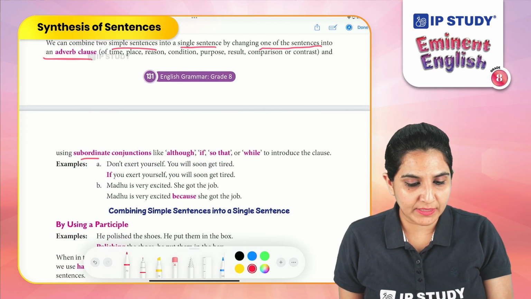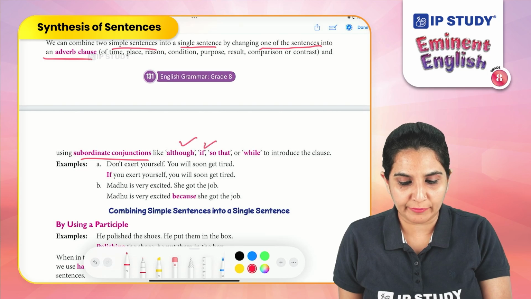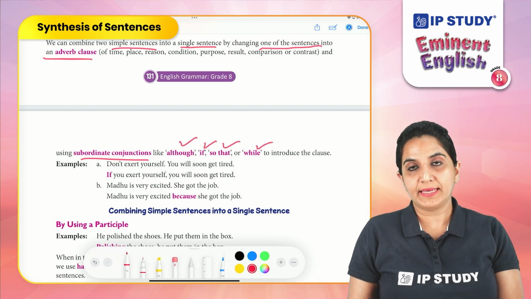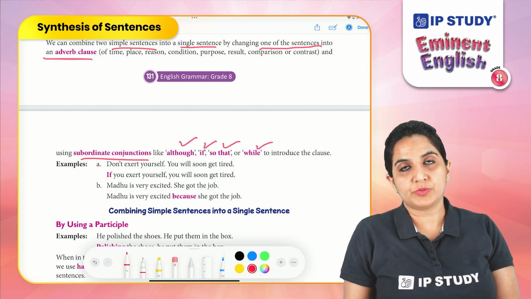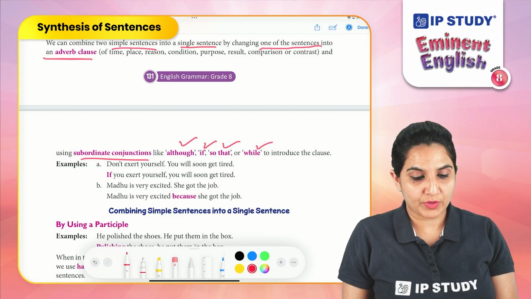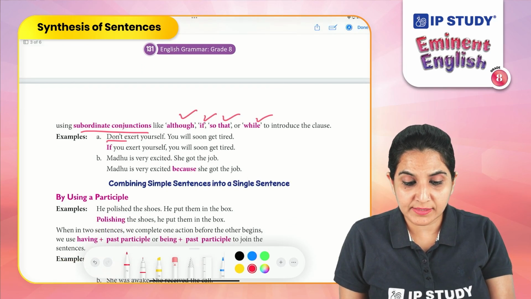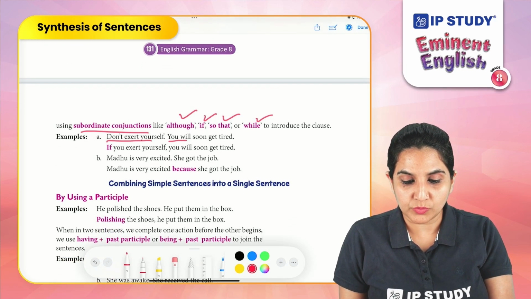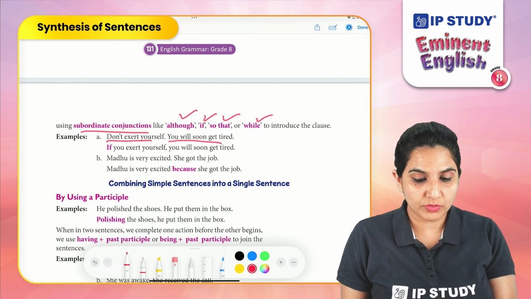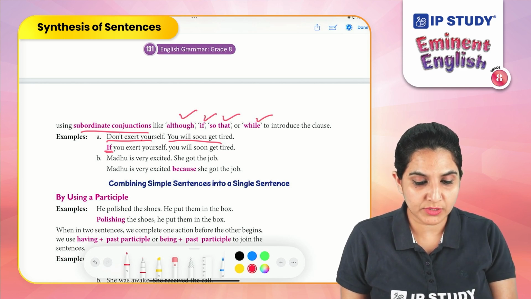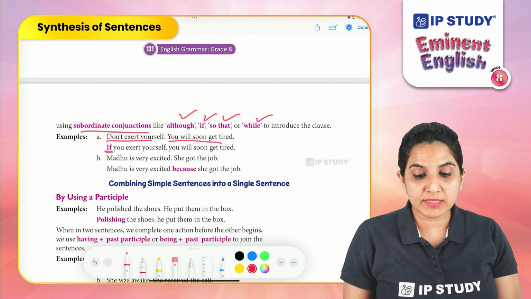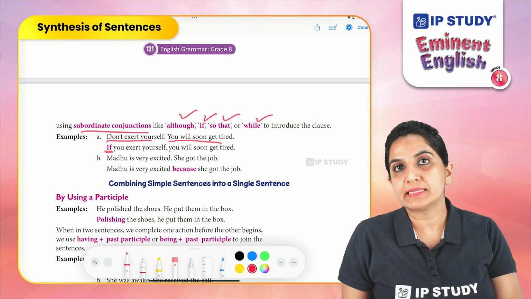And using subordinate conjunctions like although, if, so that, and while to introduce the clause in the sentence. For example, don't exert yourself, you will soon get tired. So the conjunction which has been used is if. So if you exert yourself, you will soon get tired.